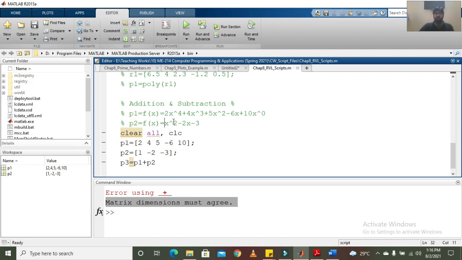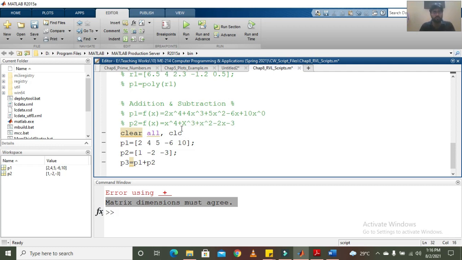Means that, let's say polynomial 1 has the highest degree which is x to the power 4, then polynomial 2 must also have the coefficient of x to the power 4. So its coefficient for x to the power 4 and coefficient for x to the power 3 needs to be added here.